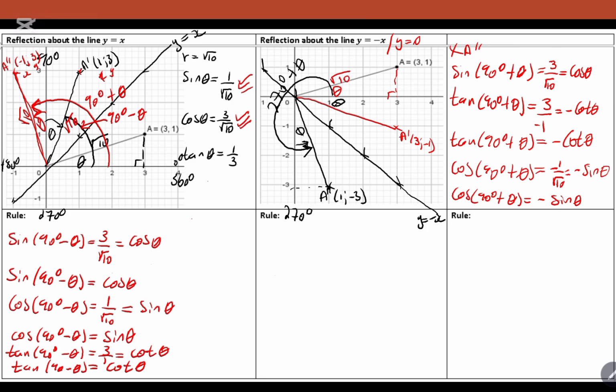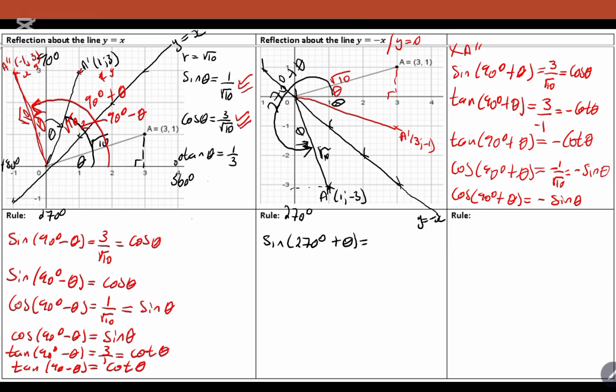So what is the size of that 270 degrees plus theta? Let us now look at the trig ratios. So this will be sine of 270 degrees plus theta is equal to, now the ratio of sine is y over the hypotenuse, and the hypotenuse is still square root of 10.